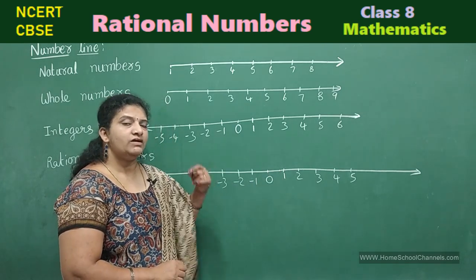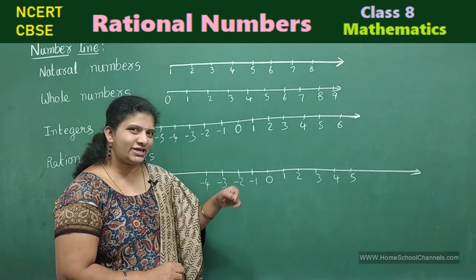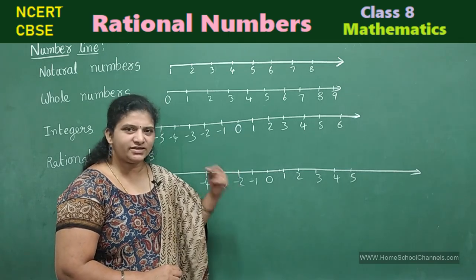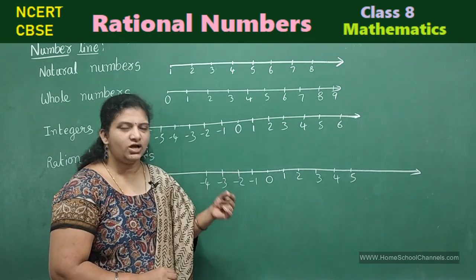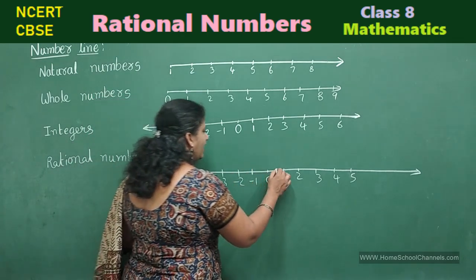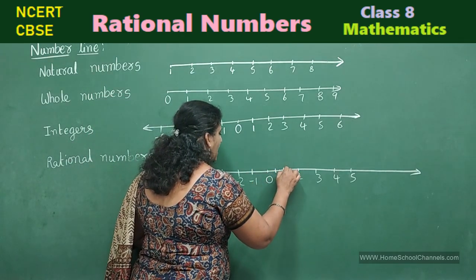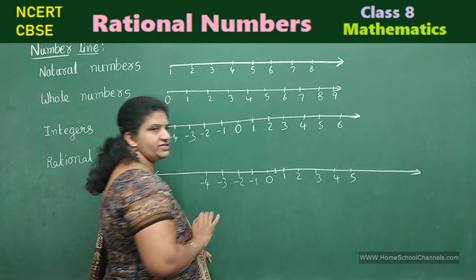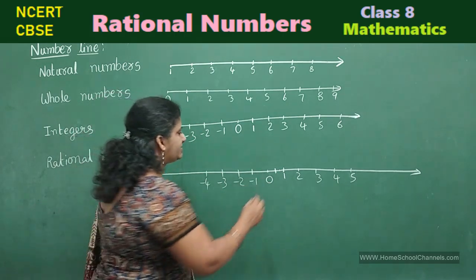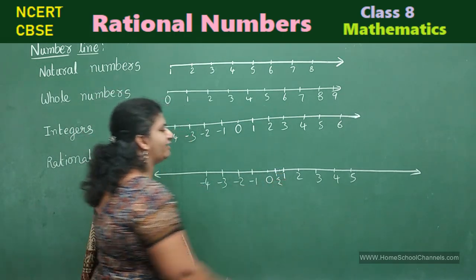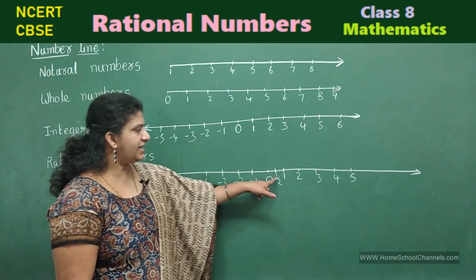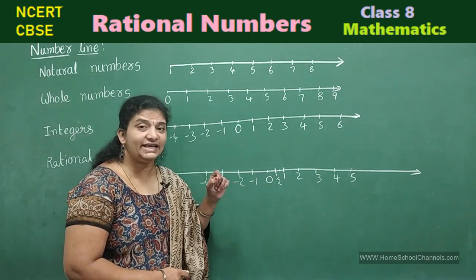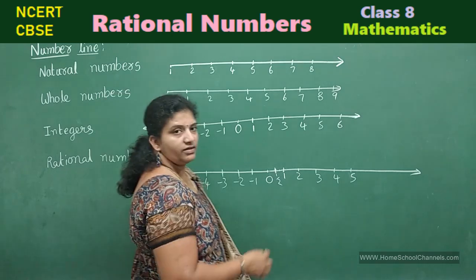You may say 0.1, 0.2, 0.3, decimals. These are all rational numbers. Or I may divide it into two parts and say this is 1 by 2. Is this a rational number? Yes, it is a rational number.